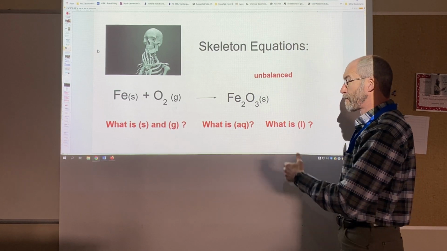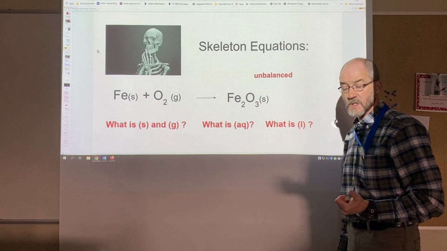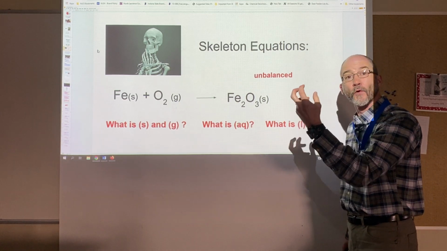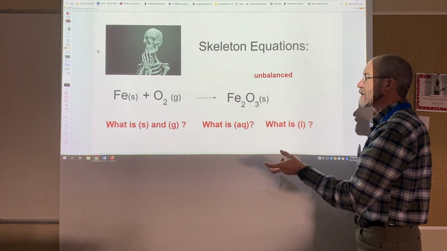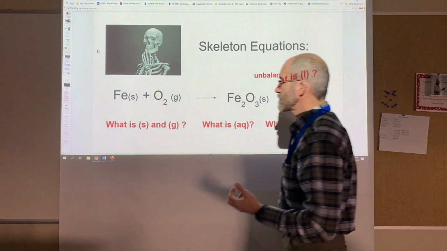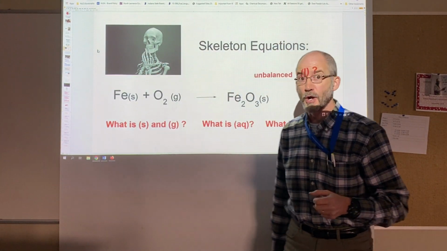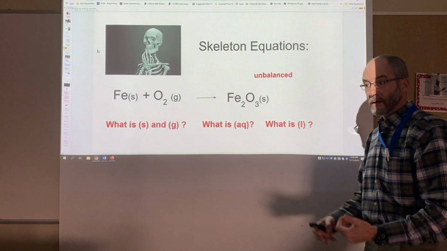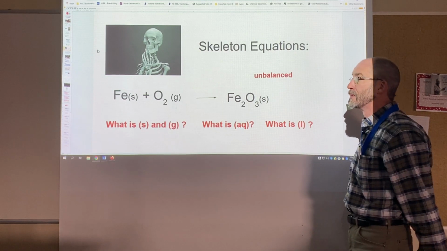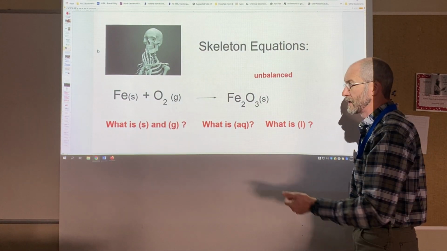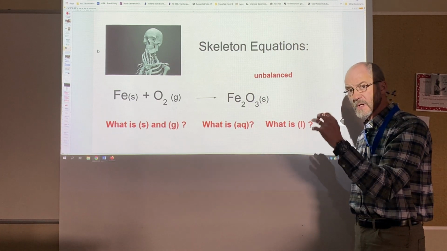The problem is that it's unbalanced. So while it gives you some information, it doesn't necessarily tell you the full story. So sometimes we use skeleton equations just to talk about bare bones points or material, but often we would prefer to have a balanced chemical equation. But this would be an example of what we call a skeleton equation.